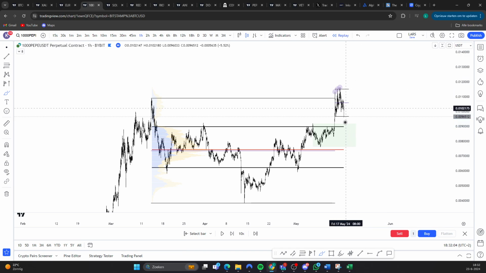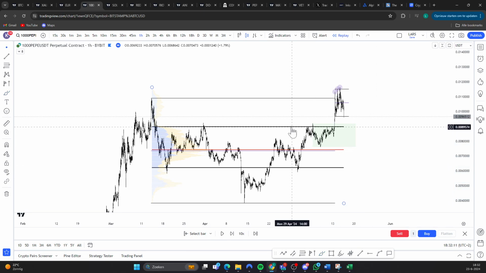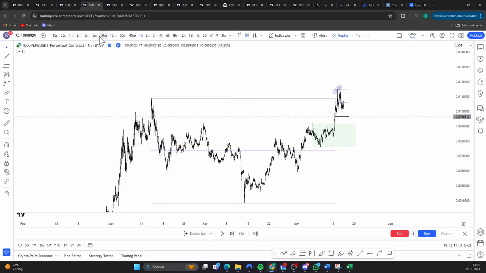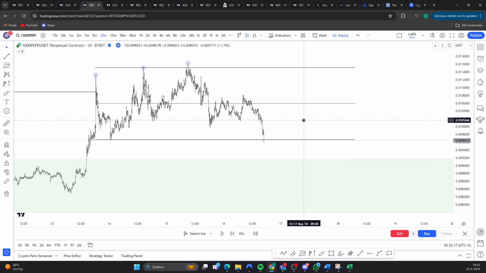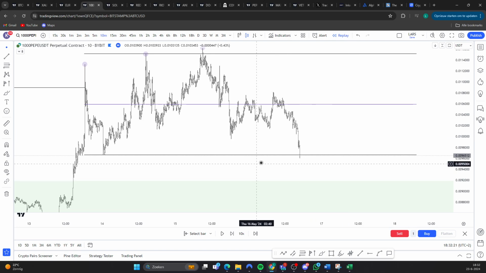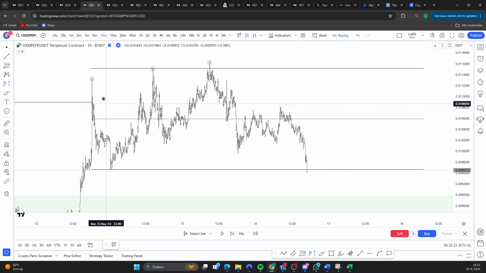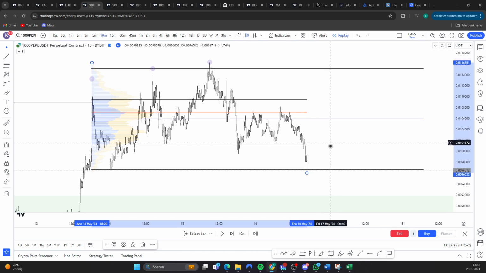If we tap it, break it, and I see a full on rotation down, with no reason to even come here, or we don't have to come there. From here, we can go over into an accumulation. So let's see.